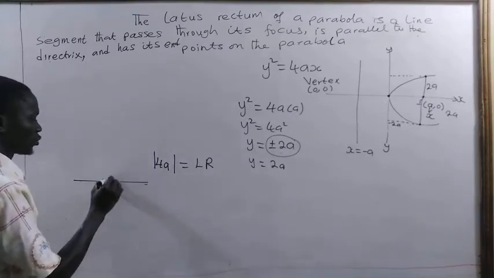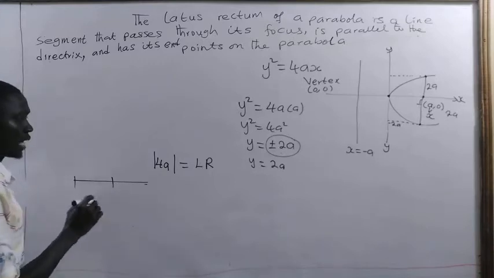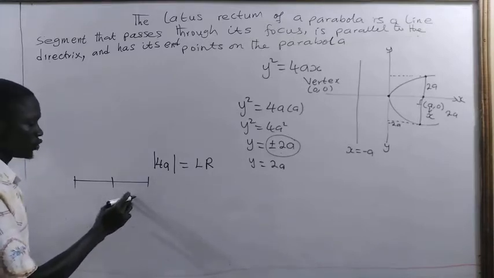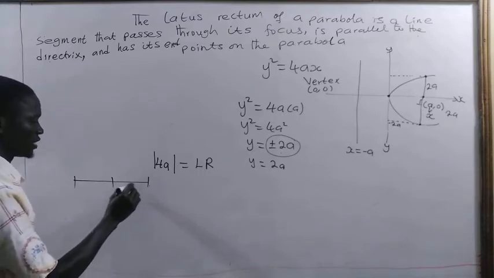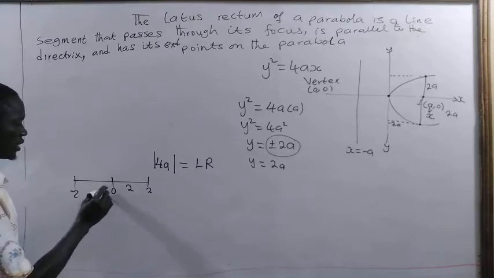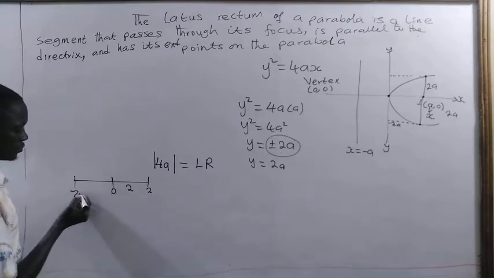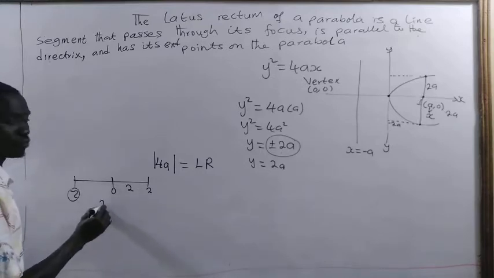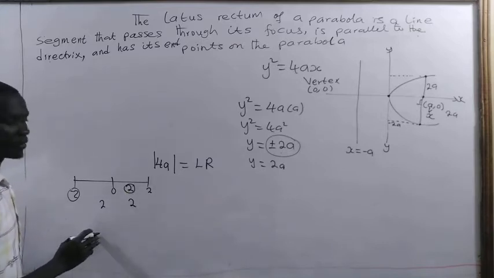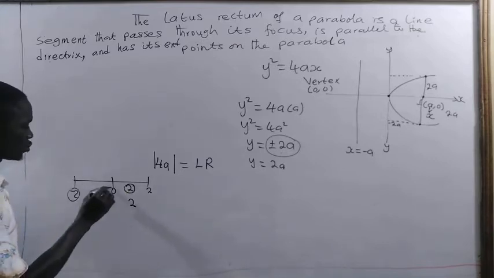If we are considering absolute value, the absolute value is just the distance of a number from 0. So here, if this place from here to here is 0, positive 2, 0, negative 2, the absolute value of negative 2 is 2, and the absolute value of positive 2 is 2, because here we are considering the distance from 0 to 2.